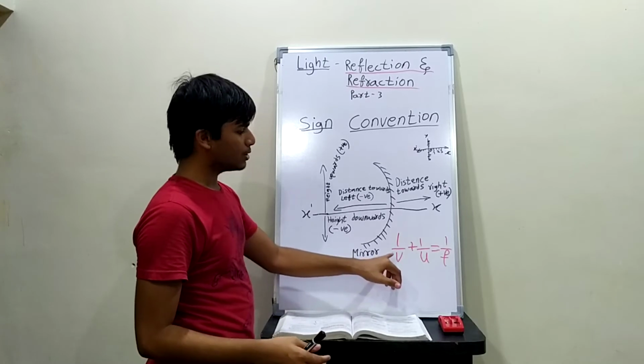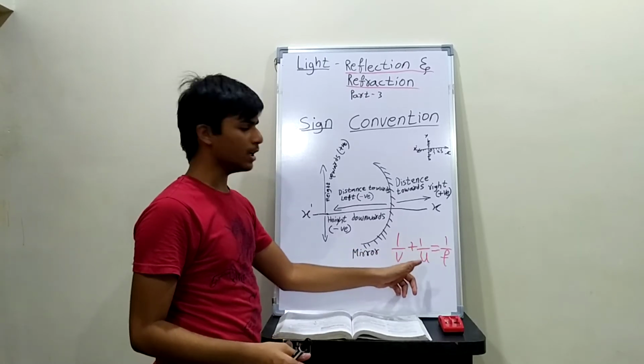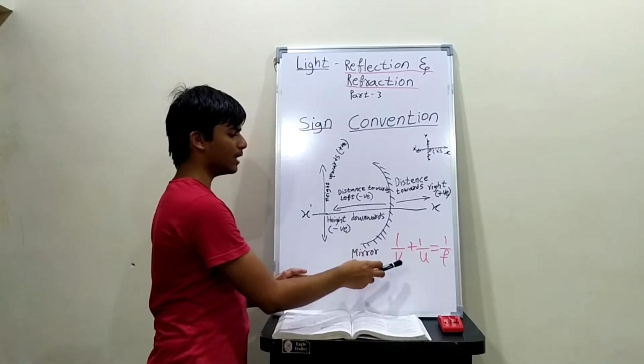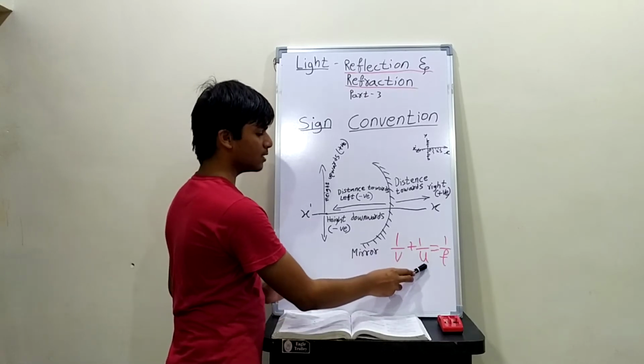At that time you have to apply this formula. You have to put the values given here and the focal length so that you can get the value of U. Same way you can find the value of F, you can find the value of V, that is image distance, object distance, focal length.